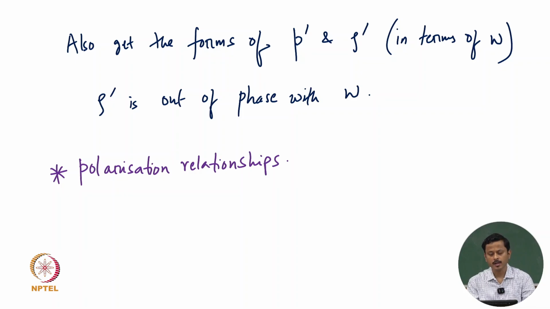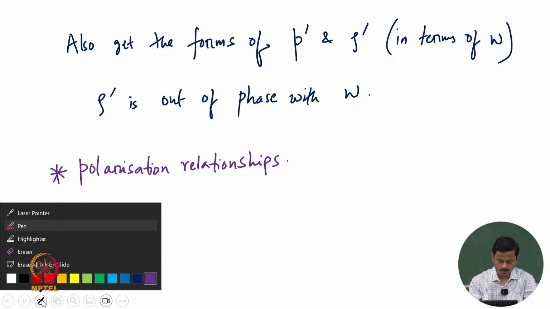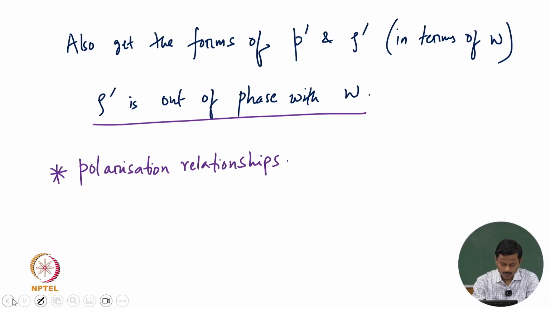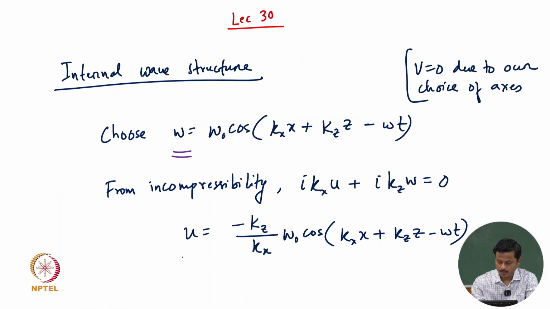We will do most derivations and intermediate steps, but some will be left as an exercise, and this is where your work starts. You can convince yourself that rho prime is out of phase with W. The u and w velocities have opposite signs, meaning when one is at its maximum, the other is at its minimum. This is what we get from this relationship.